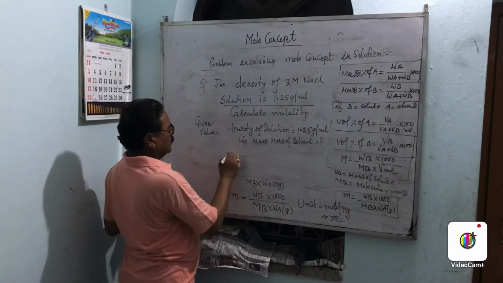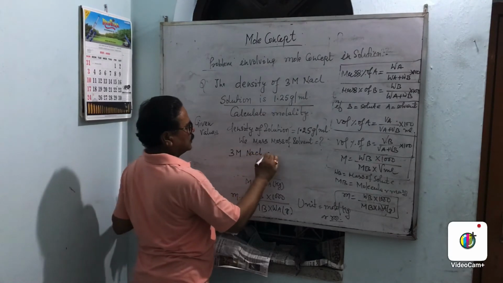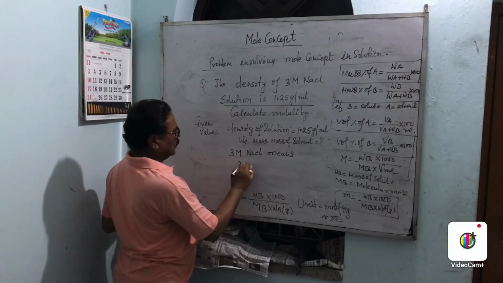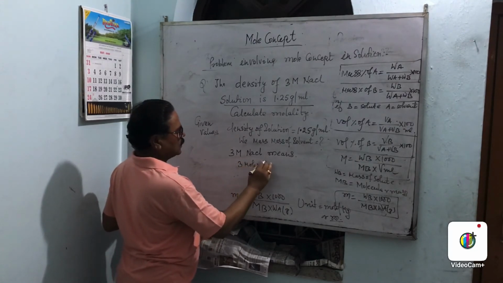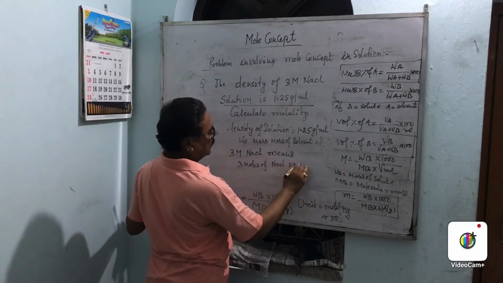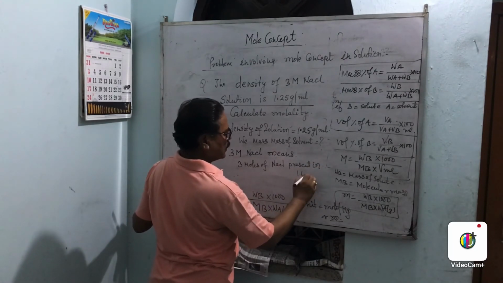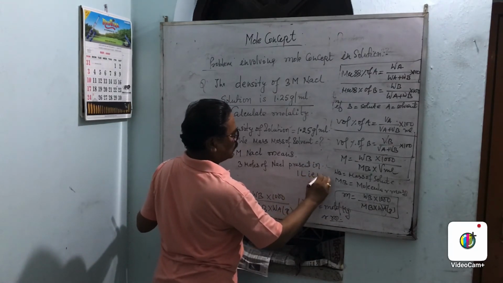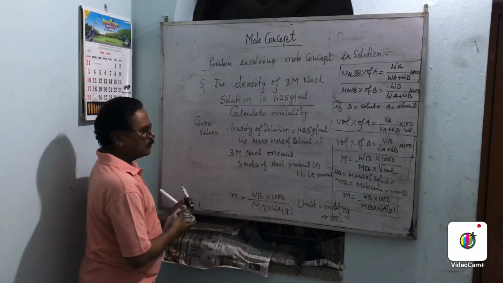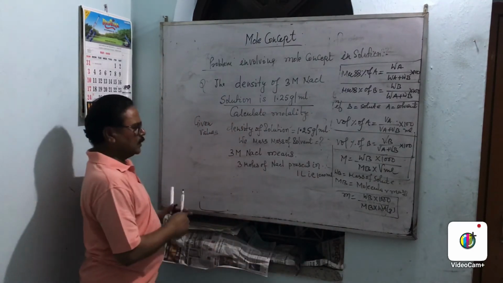So what does 3m NaCl mean? It means 3 moles of NaCl present in 1 liter, that is 1000 milliliter. Is it clear?